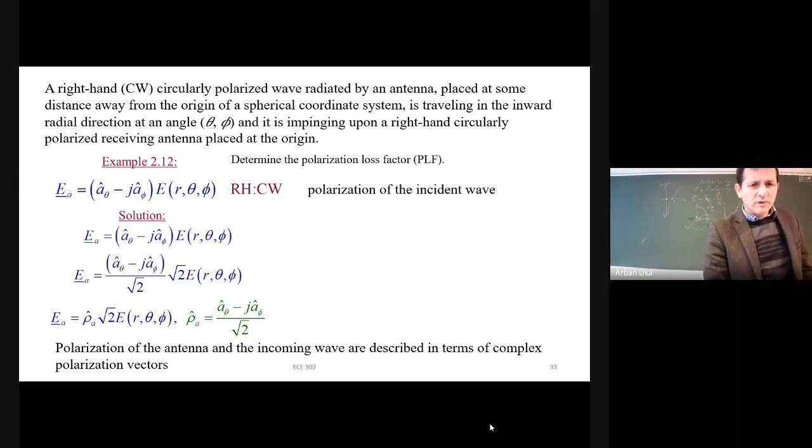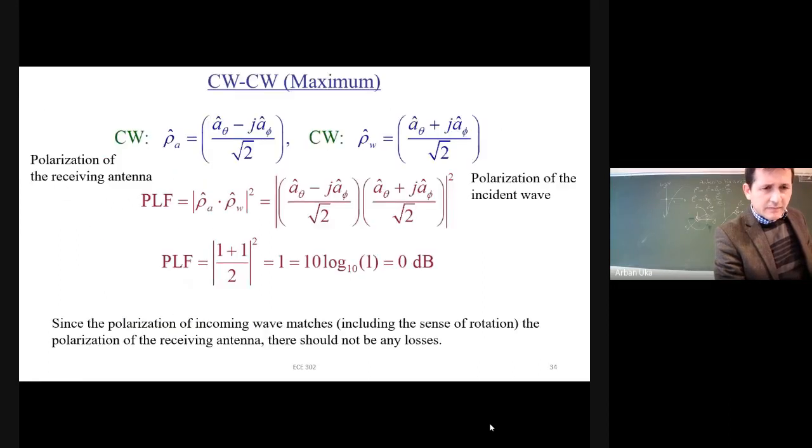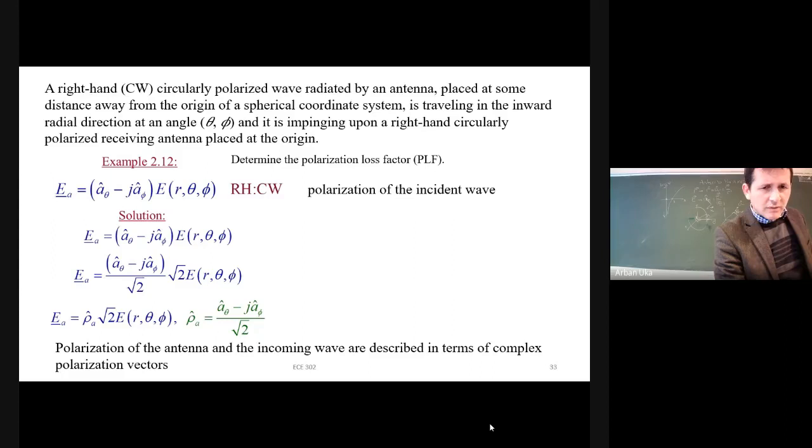And we have the polarization of the incident wave given. Determine the polarization loss factor.